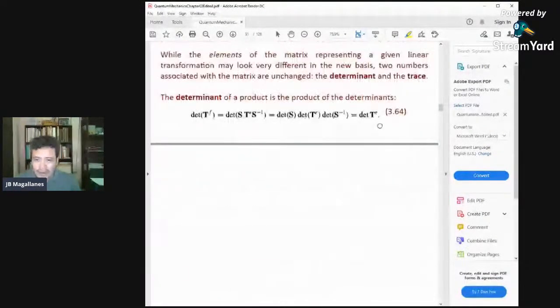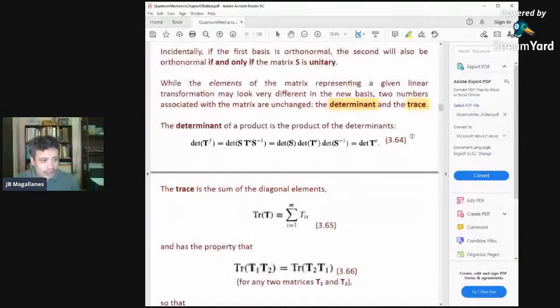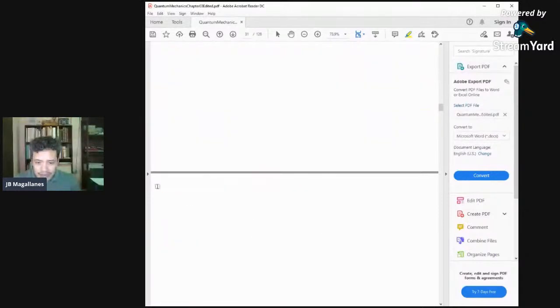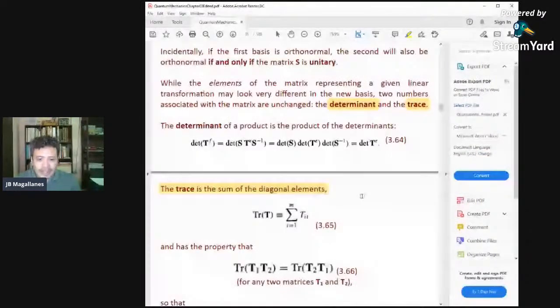Please study how to get the determinant of a matrix, and of course the trace is easy. The trace is just the sum of the diagonal elements of the matrix. If you add the diagonal elements, that is the trace of the matrix. The determinant you have to study.